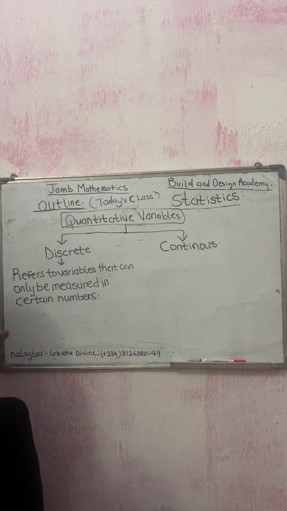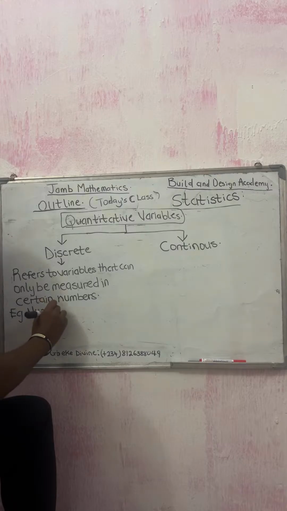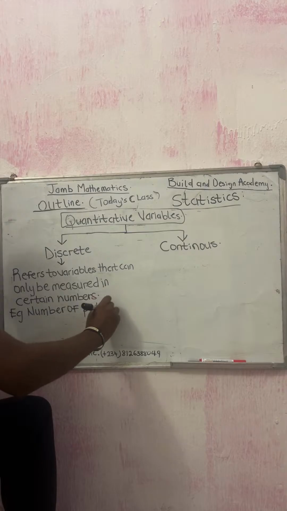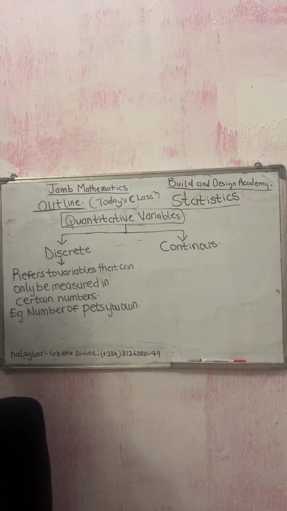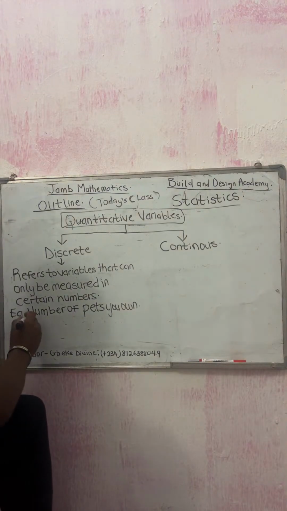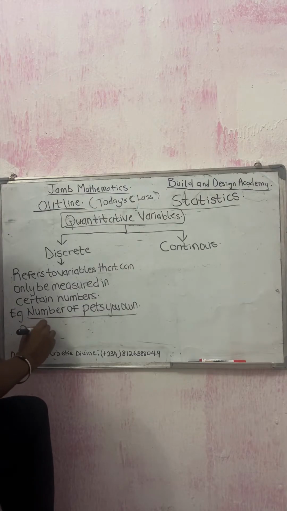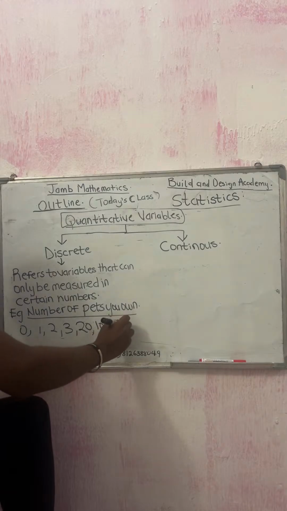Example, number of pets you own. It can be 0, 1, 2, 3, 20, 100, but it cannot be 1.2.